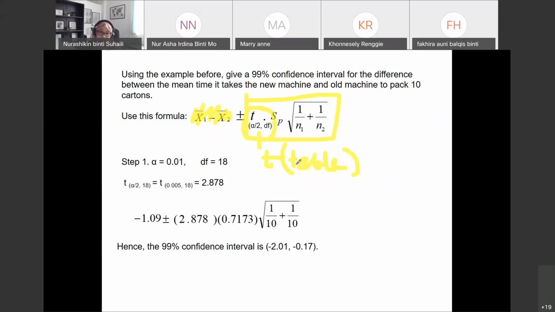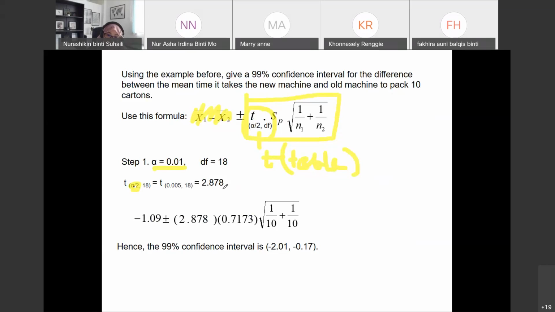In this case, it gives you new information whereby you have to use alpha equal to 0.01, not 0.05. So you have to find the new T. That's why the T is different from the previous T table, because here the tail area is different. 0.01 divided by 2 is 0.005.